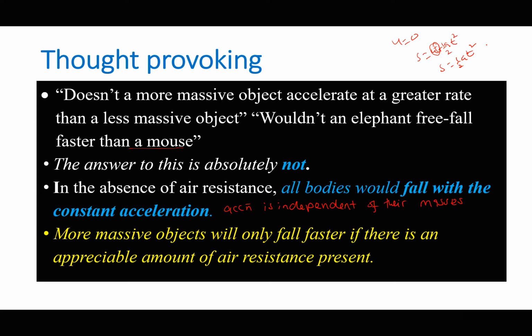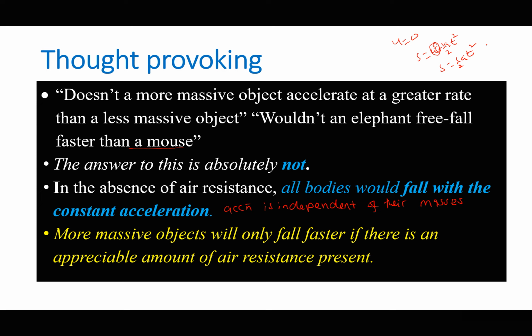And if the acceleration is constant, that means if it is 9.81 close to the Earth's surface, after 1 second, each will have the same speed and will have covered the same distance. After 2 seconds, both of them will have doubled their speeds and will have doubled their distances. And therefore, they would arrive on the ground at the same time.